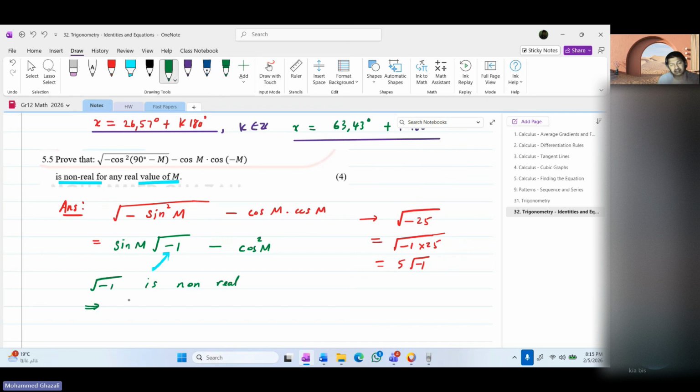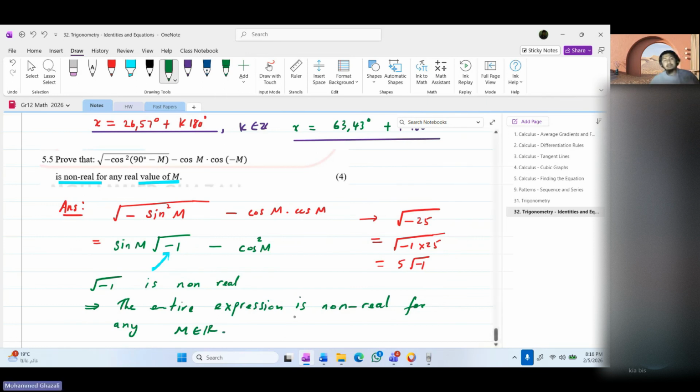This implies the entire expression is non-real for any angle m. Okay, for any real value of m. For any m an element of real numbers.